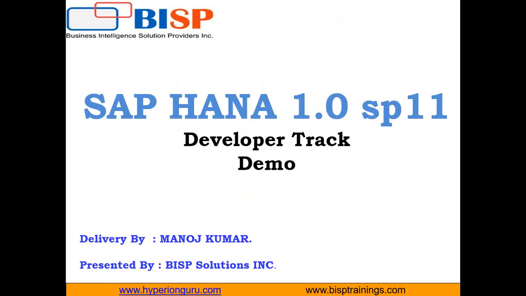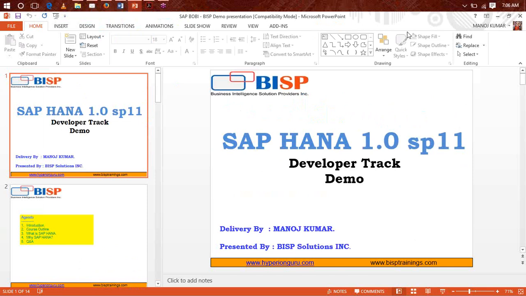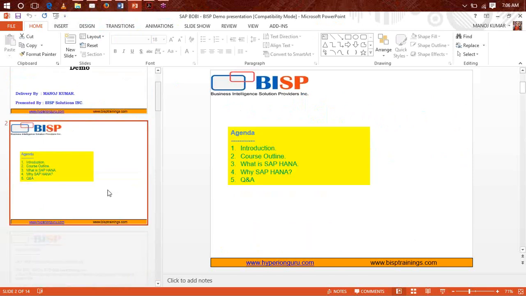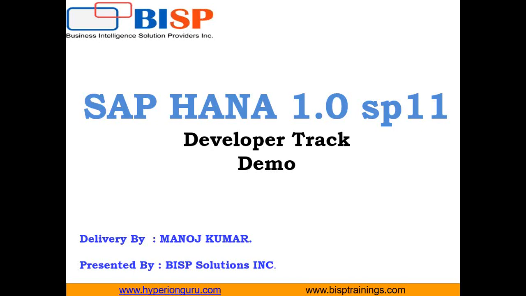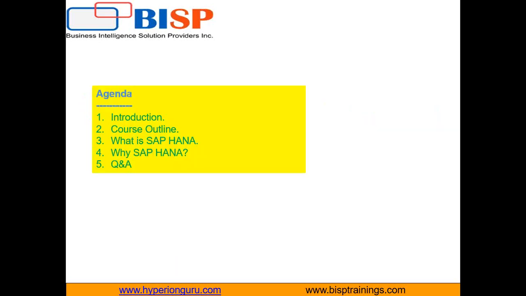Well, we are taking up SAP HANA 1.0 SP11, which is the latest version of SAP HANA. So in this session, we are going to have, first of all, the introduction of mine, and then we'll look into the course outline, which has been designed for you guys for learning of SAP HANA 1.0 SP11.